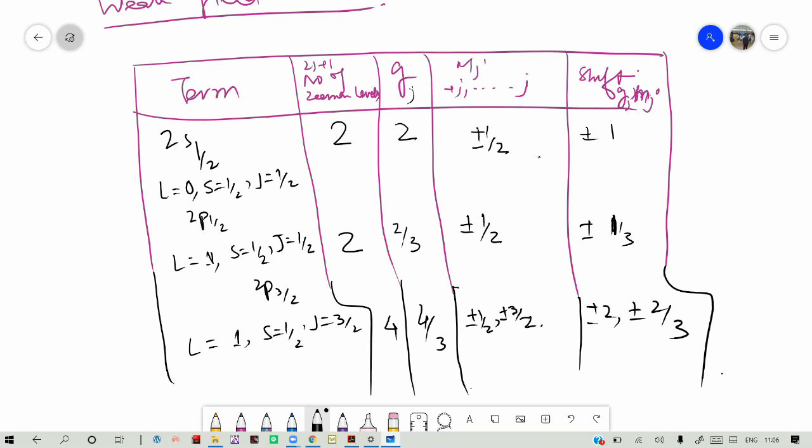This is g_J times mJ, the product of these two. So we have 2, 2, 4, which gives 8 levels.